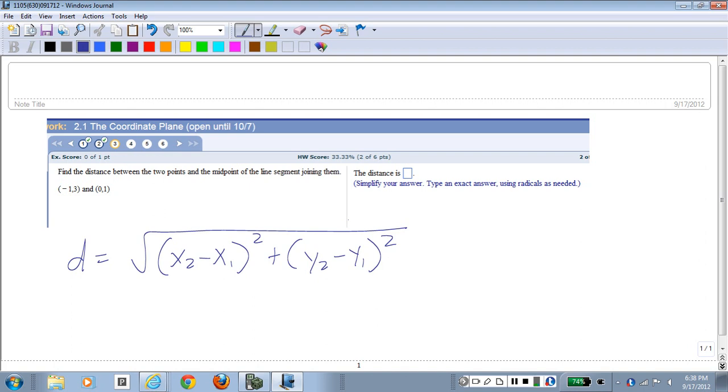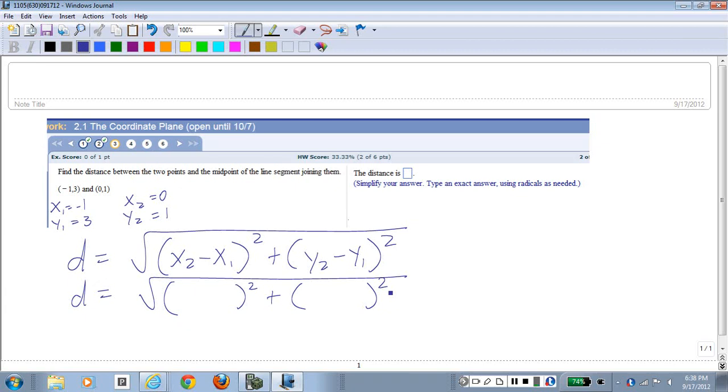All we have to do is decide that x sub 1 equals negative 1, y sub 1 equals 3, x sub 2 equals 0, and y sub 2 equals 1, and substitute into the distance formula. The calculations aren't done for us, but the formula gives us the setup.